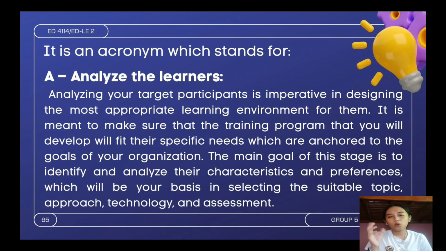Now, the question is, why do we need to analyze the learners? It is because by identifying and analyzing their characteristics and preferences, these will be the basis in selecting the suitable topic, approach, technology, and assessment to be used.